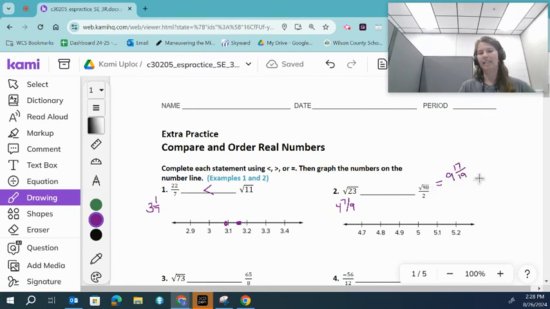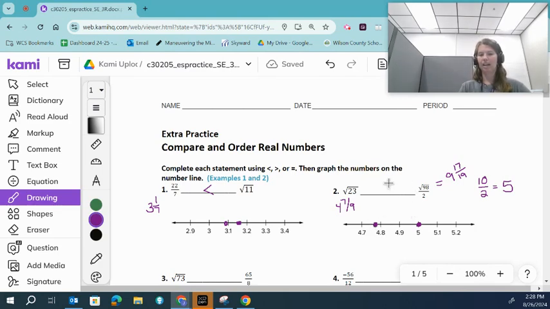I'm going to go ahead and estimate that at 10 over 2, which is really, really close to 5. So that's going to be about here on my number line, slightly less, but not very. And then 7 ninths, if I turn that into 0.7 repeating, is going to be about here.